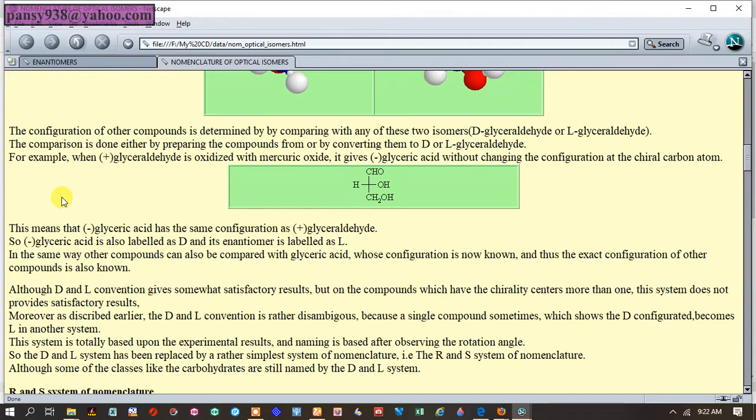This glyceric acid rotates the plane of polarized light in anti-clockwise direction, so it is designated as negative glyceric acid, although it has the same configuration as in positive glyceraldehyde, but the plane polarized light is rotated into anti-clockwise direction, so it is negative.